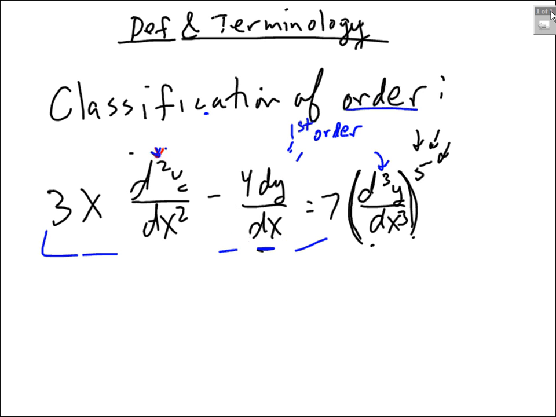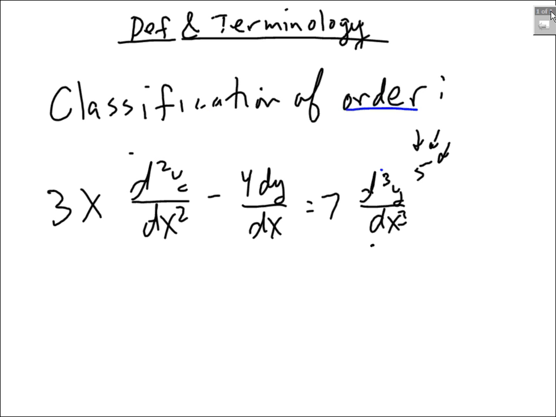Now remember, when it came to ordinary equations, notice I didn't say ordinary differential equations, regular high school equations, basic algebra equations, it was linear if the degree of the x was never more than 1. Now we're going to just talk about the degrees of the derivatives, whether it's the first derivative or the second.